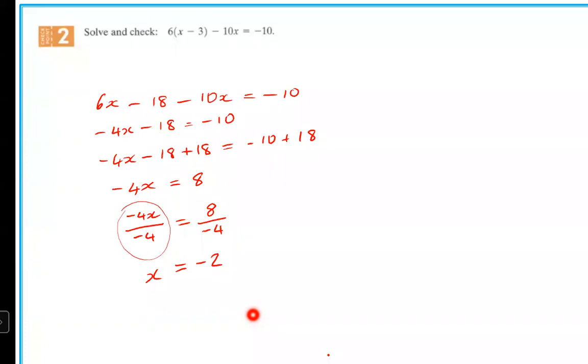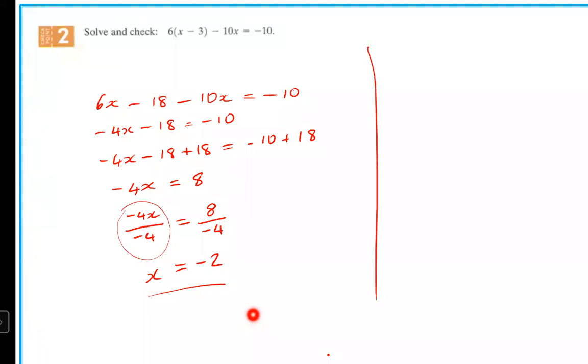All right. And you could always check your answer by substituting the -2 into the equation and see if you get back a true statement. But this is the answer right here, that x equals -2.